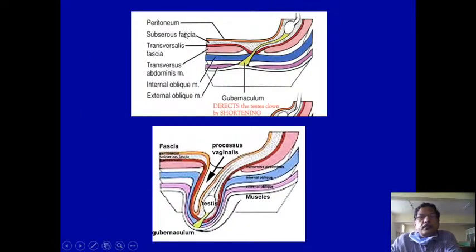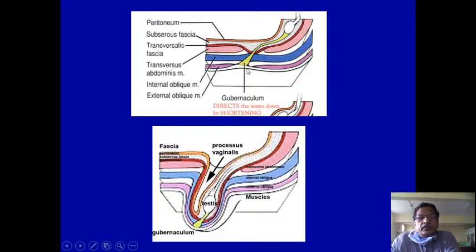This is the cross section of the part of the abdominal wall. So you can see the muscles here, the peritoneum here. This is the peritoneum, this is the retroperitoneal region, and this is the transversalis fascia. And above that is the transversus abdominis muscle, and superficial to that is internal oblique muscle.